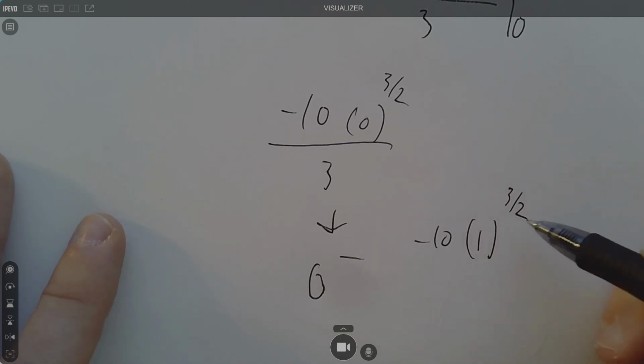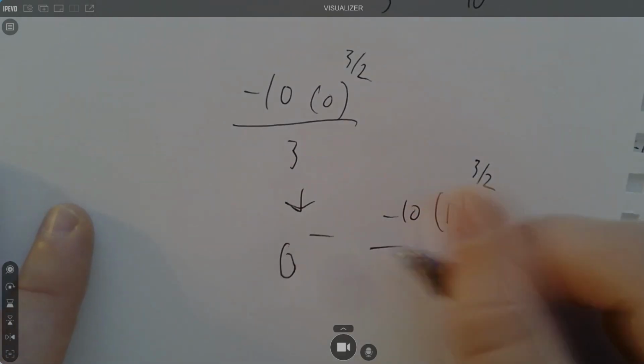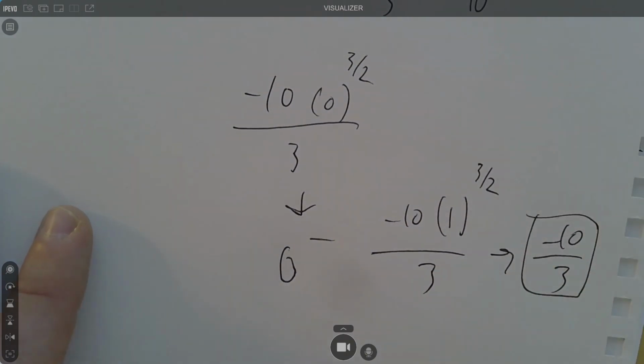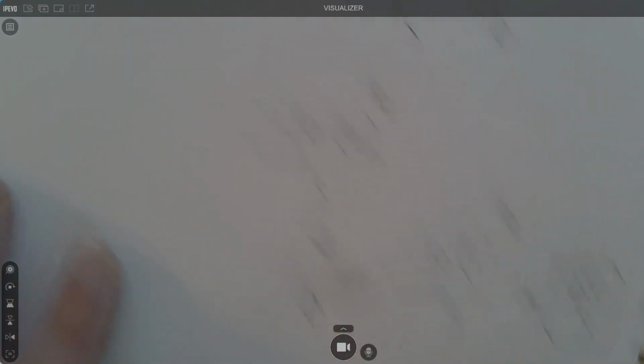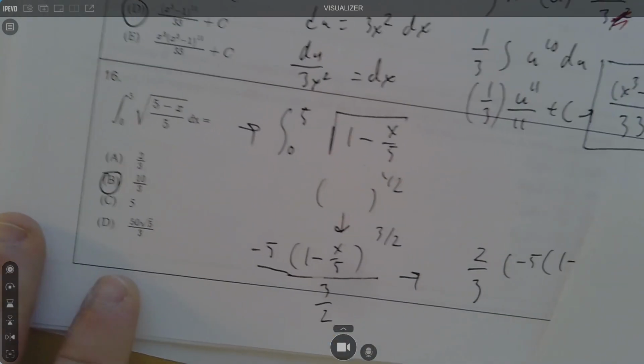When I plug in a 0 here, I get 1, over 3. So it's just negative 10 over 3. Oh, but it's a double negative, so it's positive. Yeah, it's B.